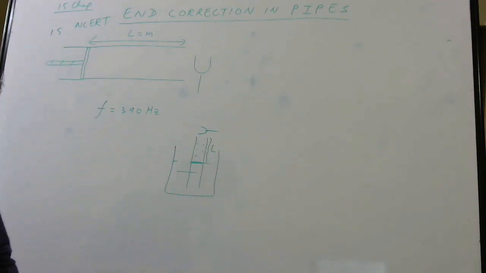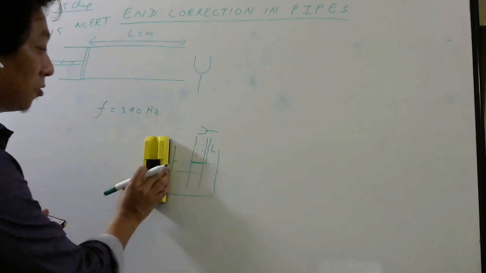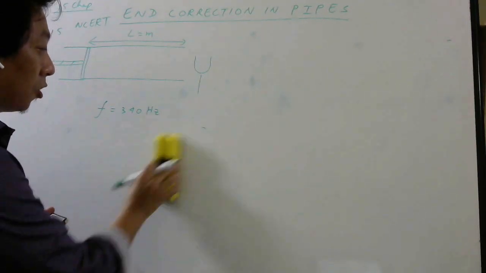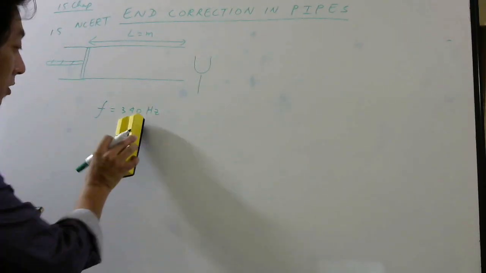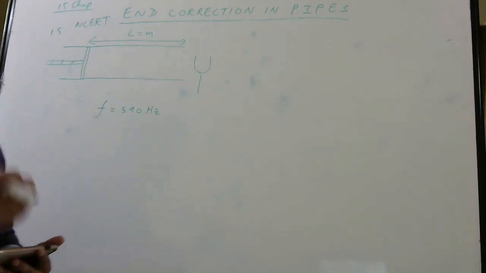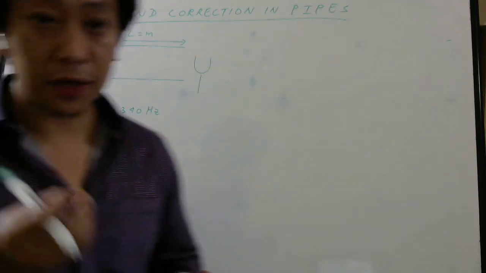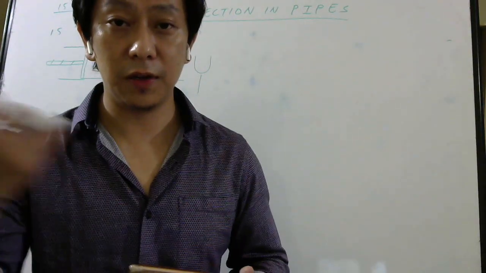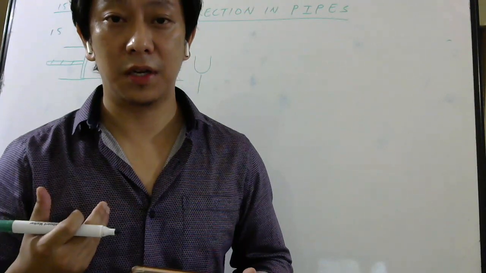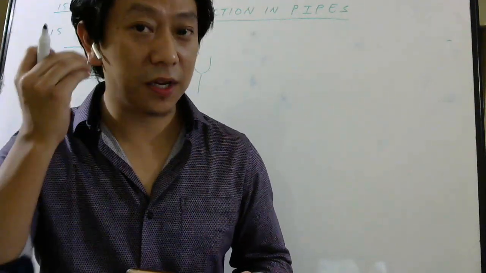So the air column has many natural frequencies, right? Since this is a closed pipe, there will be odd harmonics. So the frequency of the tuning fork should match with one of the natural frequencies. Then only the air will oscillate with a nice amplitude and then you will hear a nice sound, right?